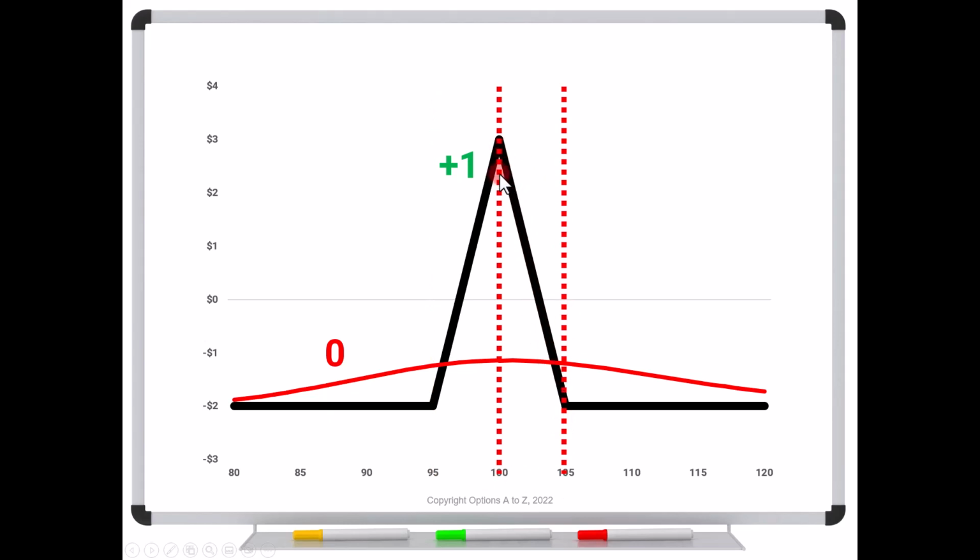Those are negative deltas. So if the stock price is in this range, your strategy is heading towards delta negative 1 as time passes. And then finally, if the stock is out here above this upper strike, you're heading towards delta 0.